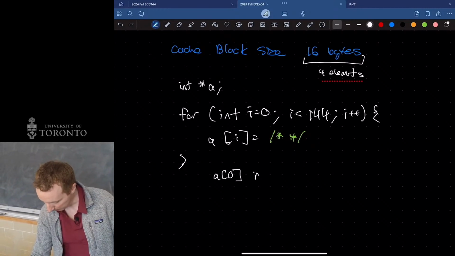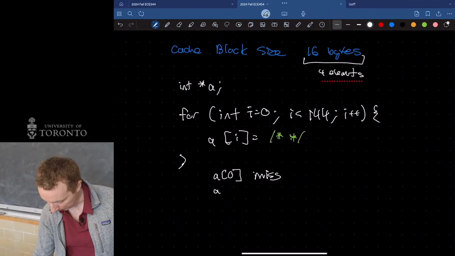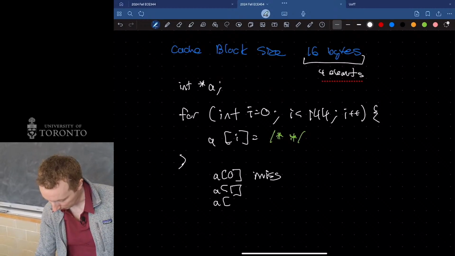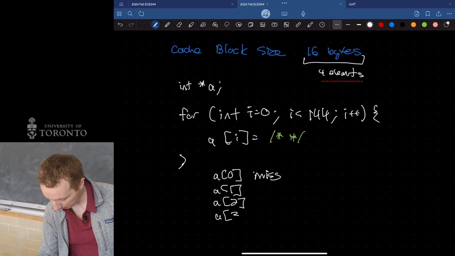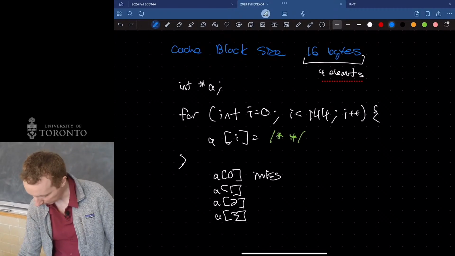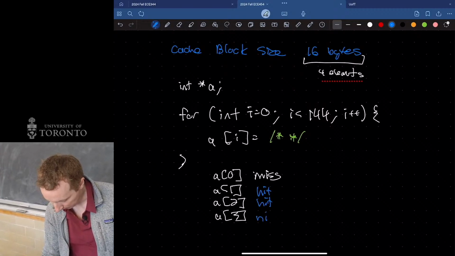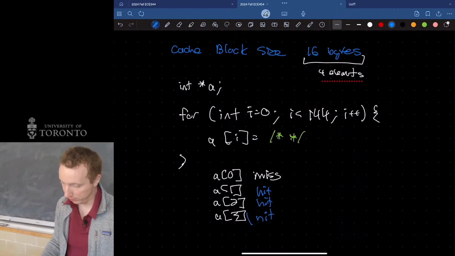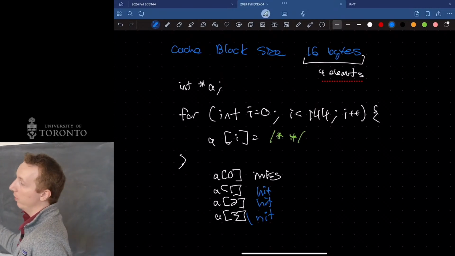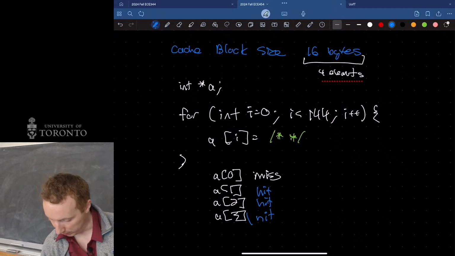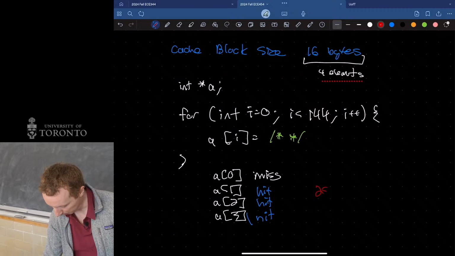So that will be a miss. It will bring in A1, A2, A3, and then they'll go ahead and hit, and this will just go ahead and repeat over and over and over again. So we'll get a miss rate of, what, 25%.